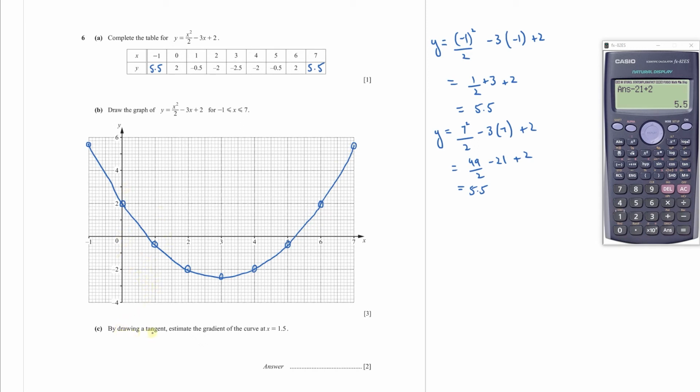Part C is by drawing a tangent, estimate the gradient of the curve at x equals 1.5.